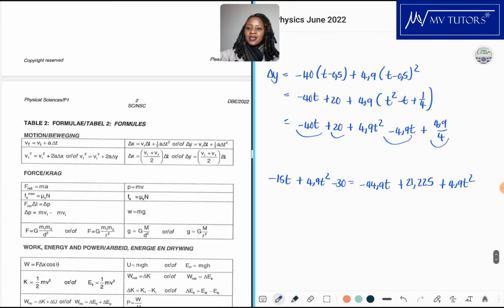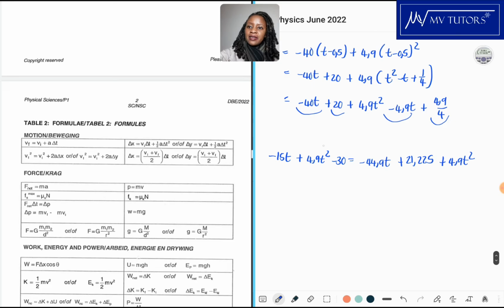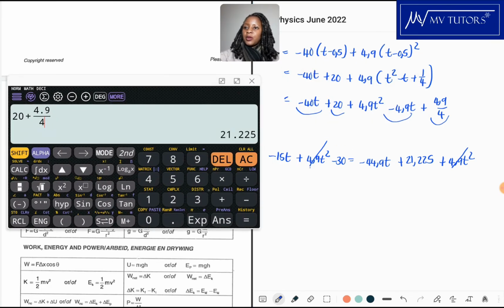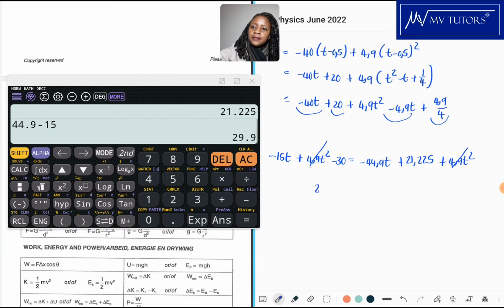Once we get here, I can see that I can actually cancel out 4.9 t squared, and I can take the 44.9 to the left side. If I had 44.9 minus 15, I have 29.9 t.